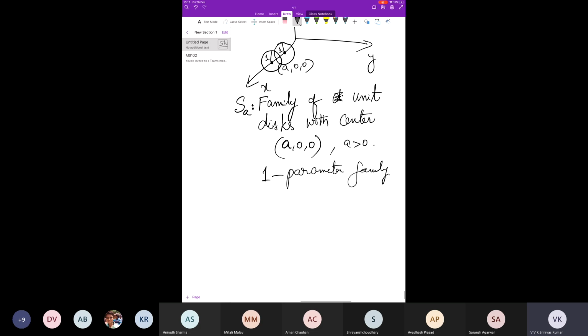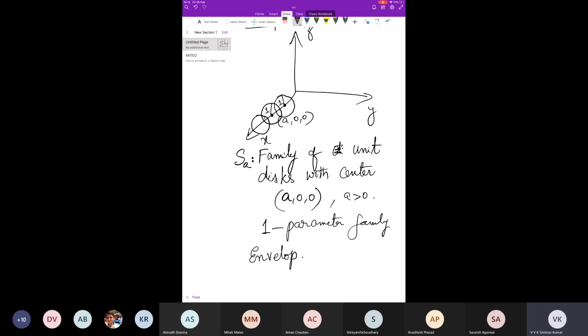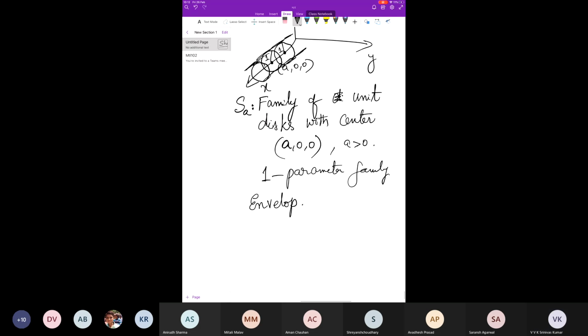So what is called an envelope? Suppose you have this family of circles, discs, and what is the surface that is generated by this family of discs?